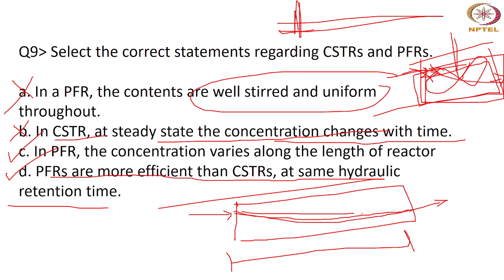But here you can see the concentration gradient is high. I'm not going into details, but you will learn that if the concentration gradient is higher, the change is higher, then the degradation rate will be higher. That's why with the same retention time, the PFR is more efficient than the CSTR.